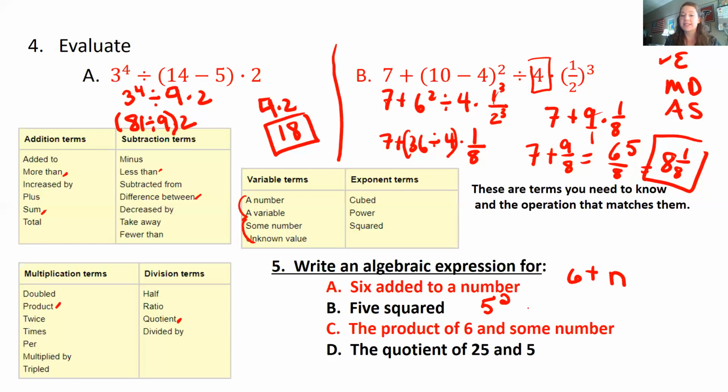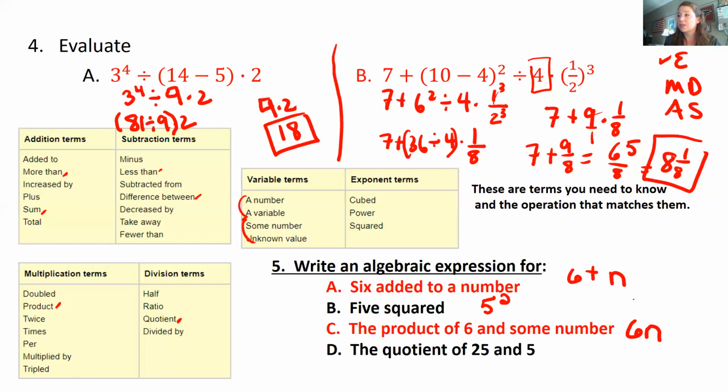The product of 6 and some number. Product means multiplication. So I would write 6 times n. Well, this is when we get away from using an X to represent multiplication, because if you have a variable in an expression and you use an X to show multiplication, that's very confusing.